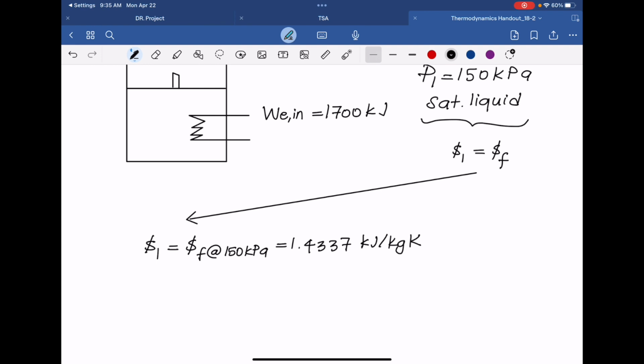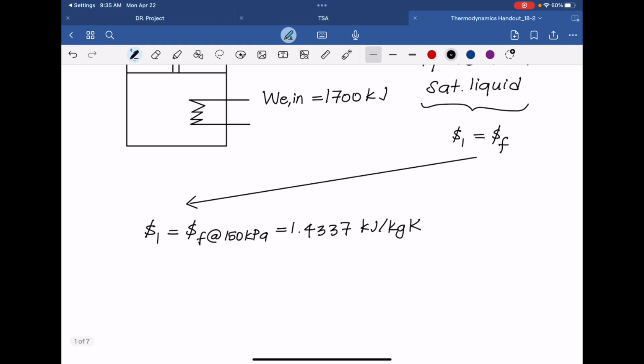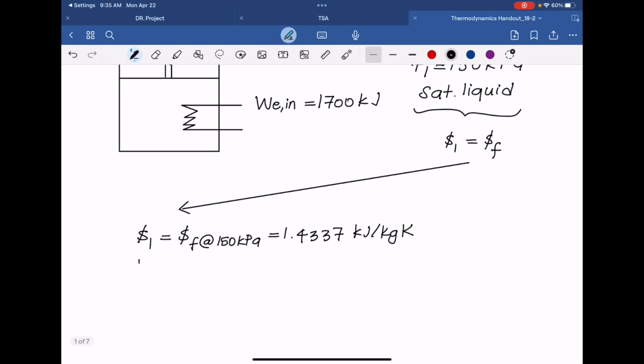We will need other properties too, even if you cannot understand that at this point. You will figure it out later on and I will explain, but we will be needing enthalpy too, probably for the energy balance.